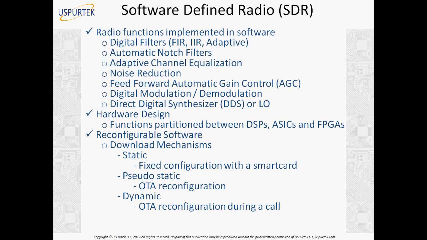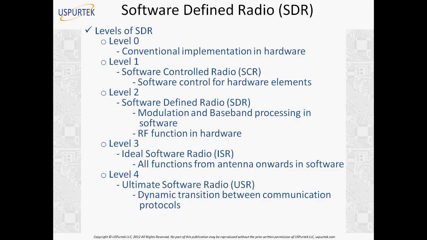Then level 1 is software controlled radio, where your RF radio functions are in hardware, but you can control them using software. You have some sort of user interface, a touchpad or something, which you can use to configure your hardware functions. Level 2 is the software-defined radio, where your modulation and baseband processing is in software, but RF functions are still in hardware.